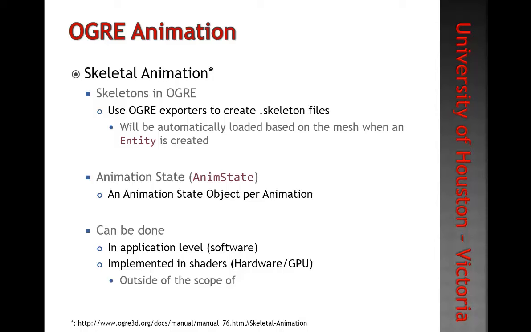Skeletal animations can be performed both in hardware and in software. In terms of implementing your animation in software, which is the scope that we cover here, you basically do that at the application level, and then you set your animation state and work with it. If you were interested in doing hardware animation, you would use your shaders to outsource your animation, sending it out to your GPU and graphics card to do, instead of doing it on the CPU.